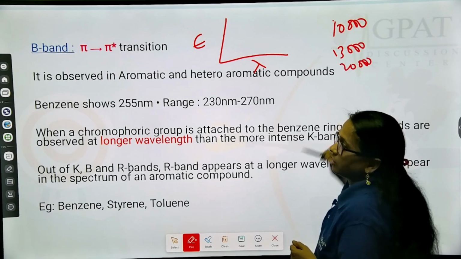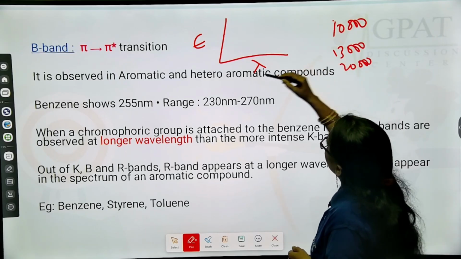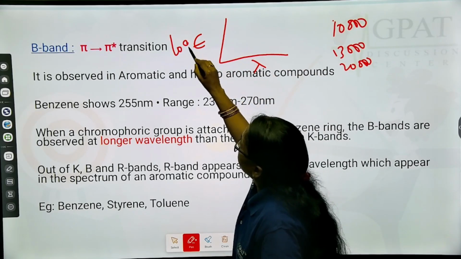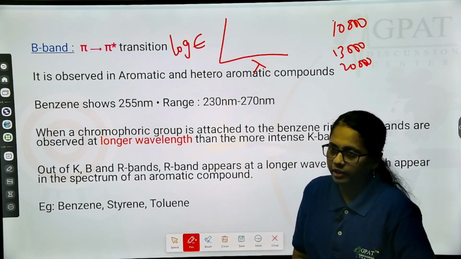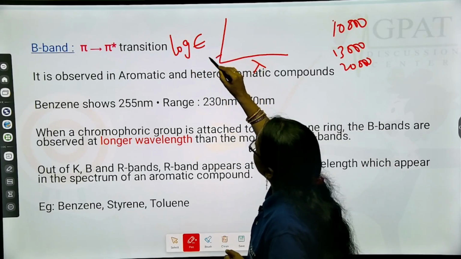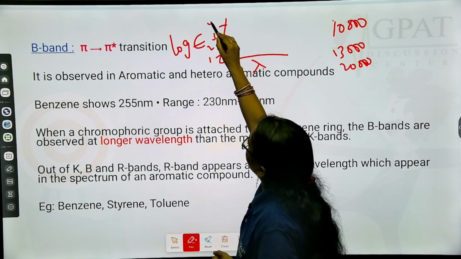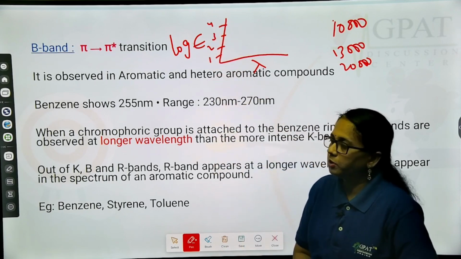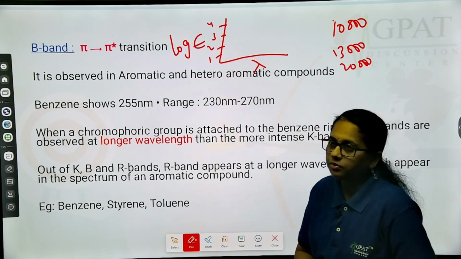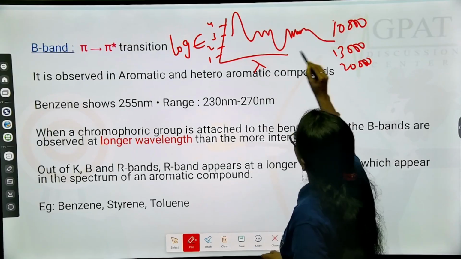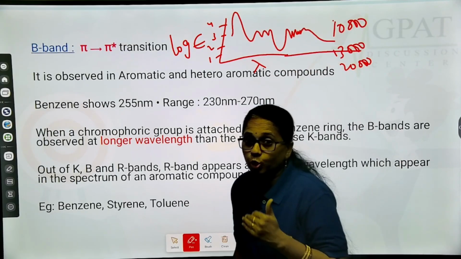So for that purpose the logarithmic value of epsilon can be taken on the y-axis. So 1, 2, 3, 4, 5 like this the y-axis is going to be, and you are going to observe the peaks like this. Like this you are going to observe the absorption bands.